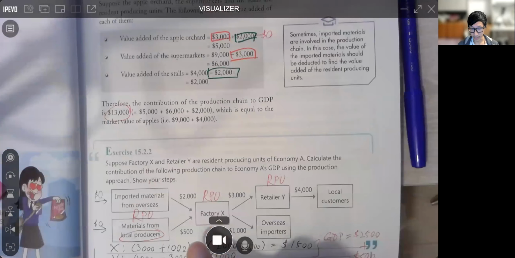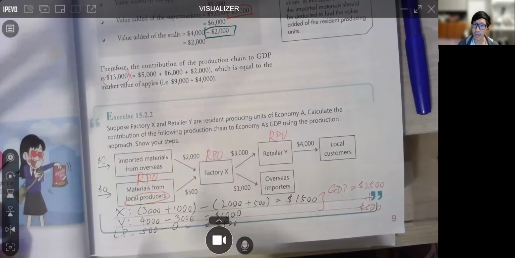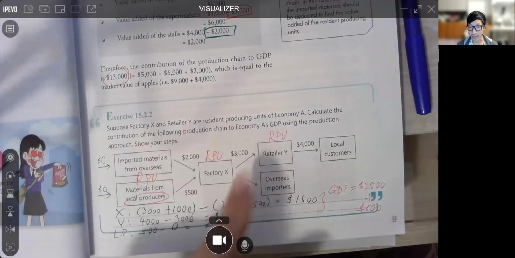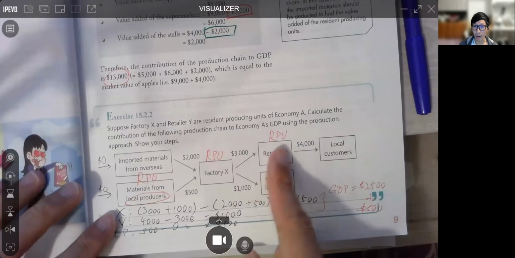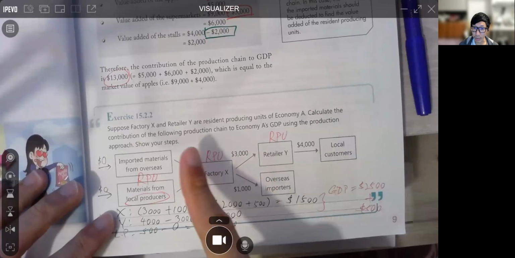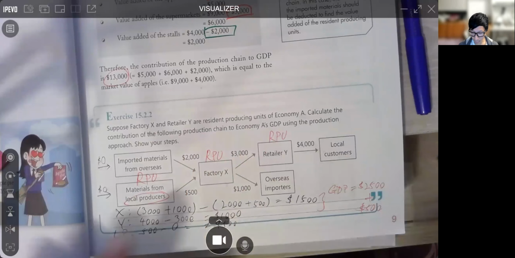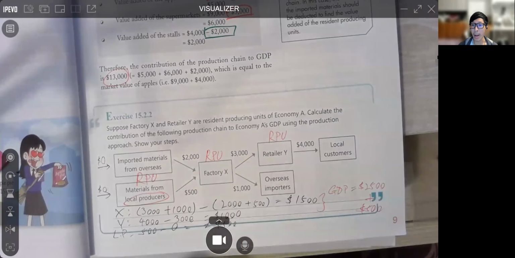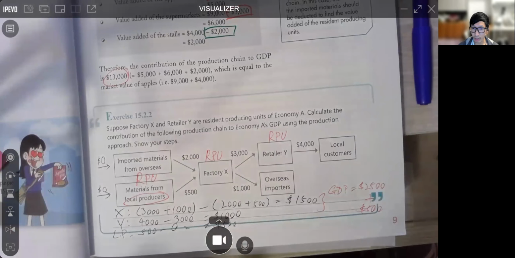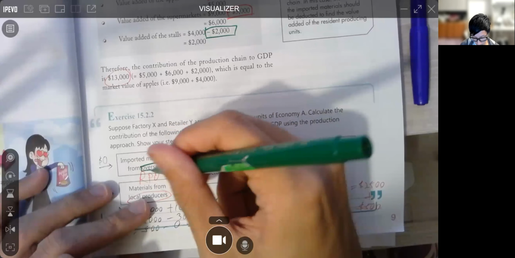Here, let's see. The example we have: suppose factory X and retailer Y are resident producing units of economy A. So they gave you two RPUs. Now we need to calculate the following chain of production. Remember, although the question already tells you the RPUs, we also need to identify all the RPUs here. Here, imported from overseas.